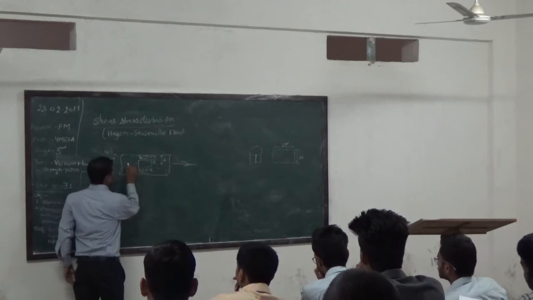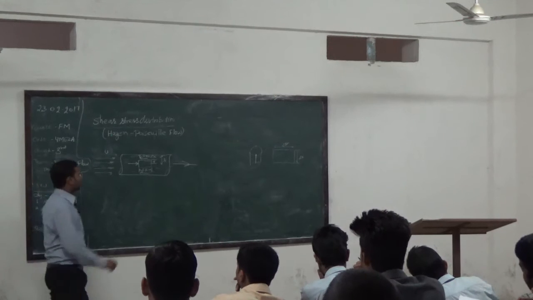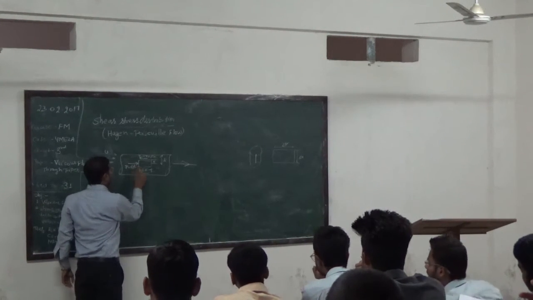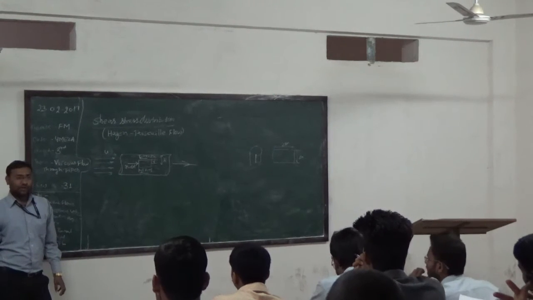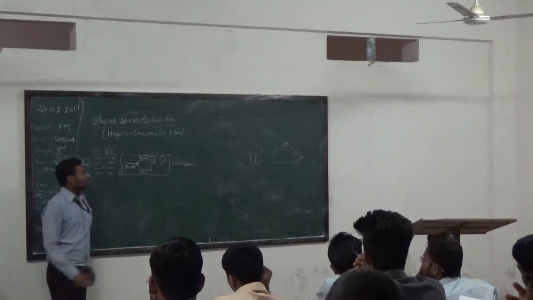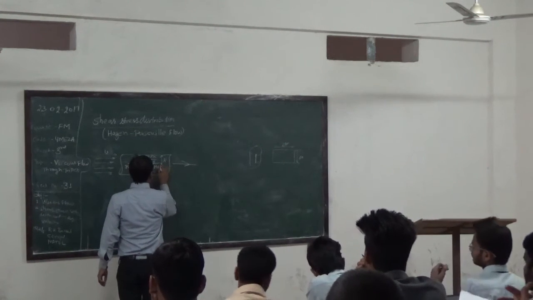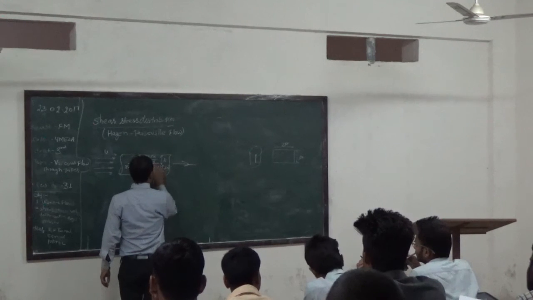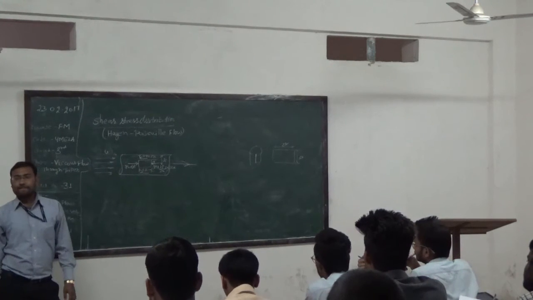So from the entry side, the pressure force is P into dA, and from the other side the pressure force will be P plus del P by del x dx into dA. Clear?